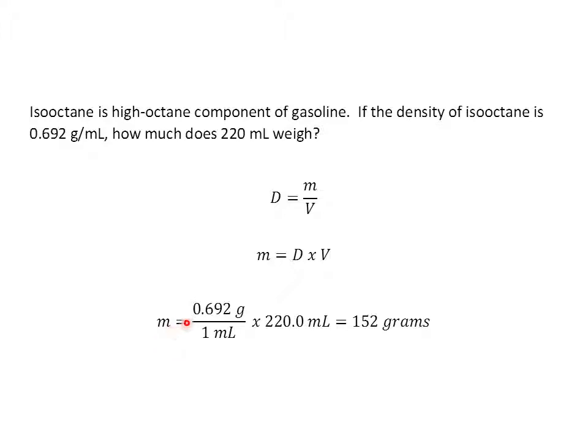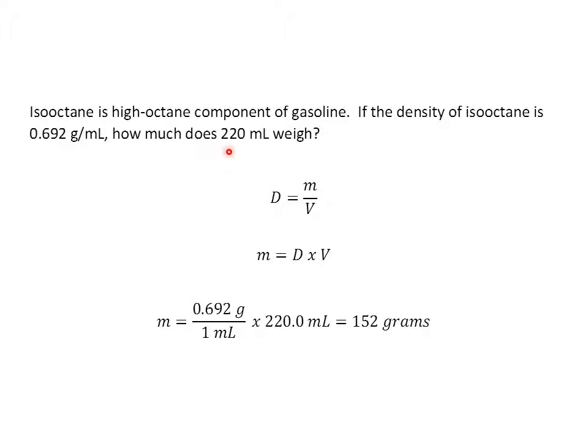And so the mass is equal to 0.692 grams per milliliter, that's our density, times 220 milliliters, that's our volume. So the milliliters cancel, thus leave us with grams, so we get 152 grams. So for 220 milliliters of octane, we have 152 grams of octane.